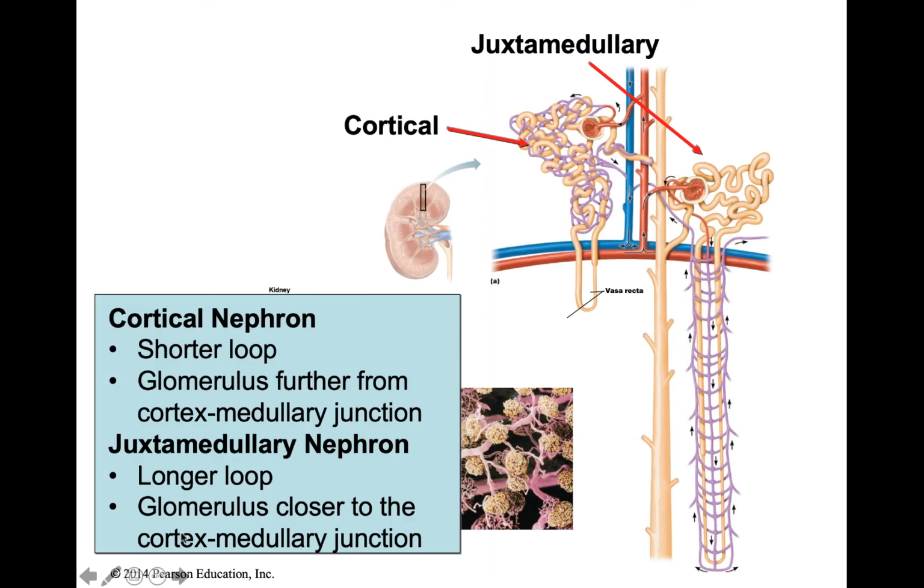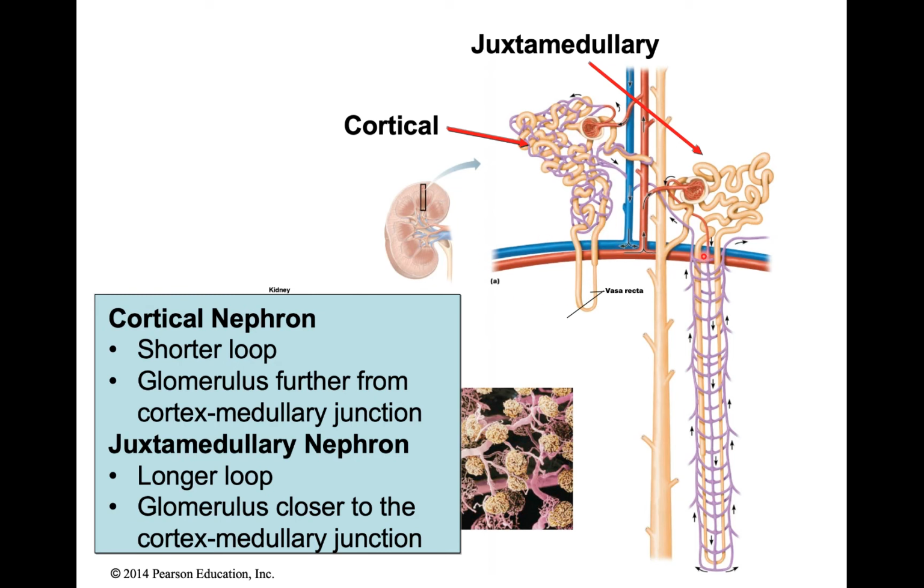And this is what they look like. So the cortical nephron is going to be this guy here, found in the cortex. The juxtamedullary nephron is going to go deep into the medulla. Now, the structure that actually is different in them is the loop of Henle. Look at how short this loop of Henle is, staying within the cortical region.